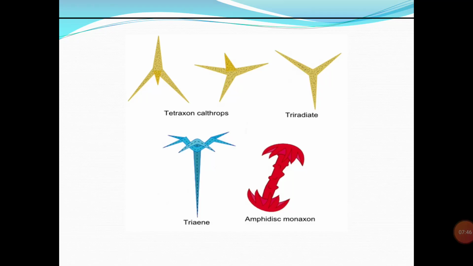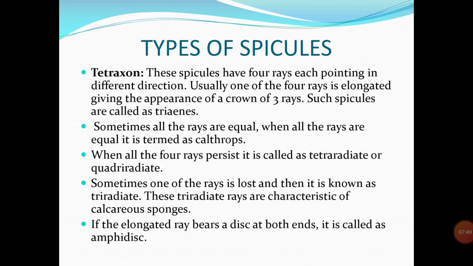In this diagram, we can see, sometimes, when all the four rays persist, it is called tetraradiate or quadriradiate. Sometimes one of the rays is lost and then it is known as triradiate.